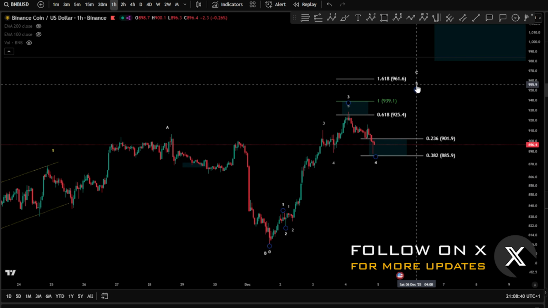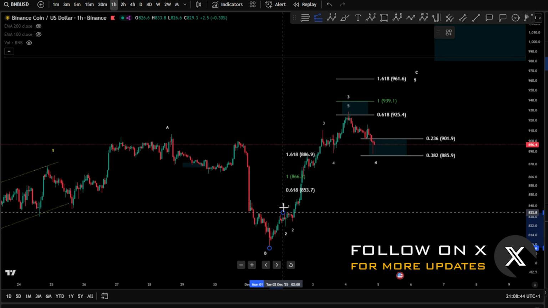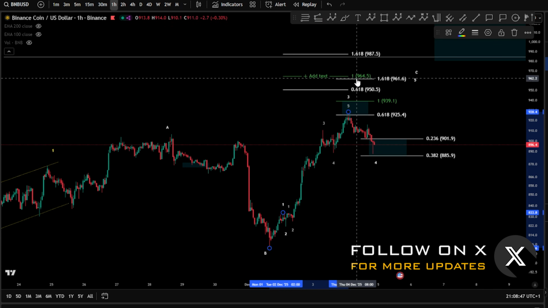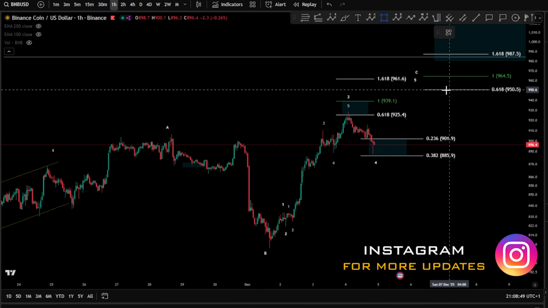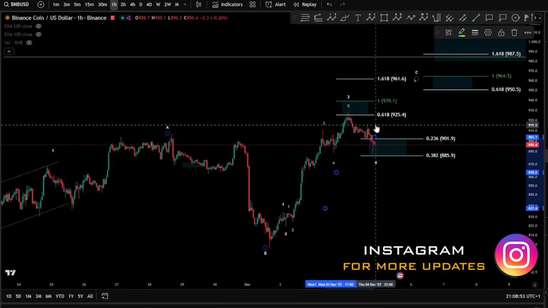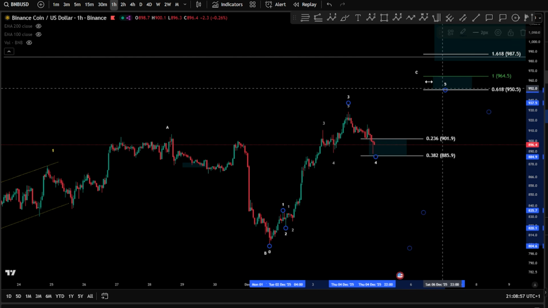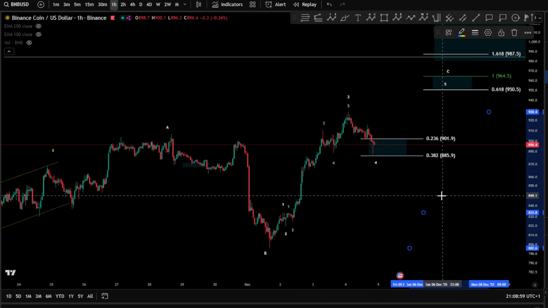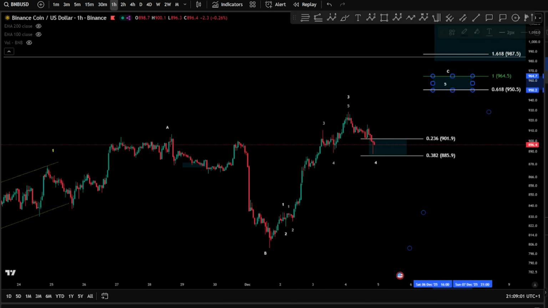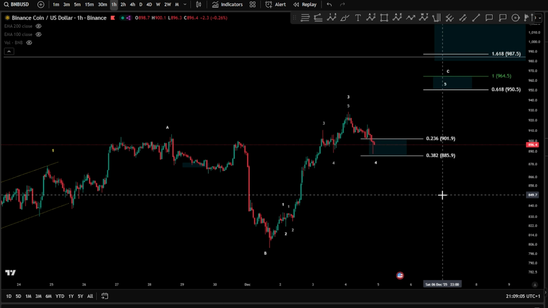The wave 5 has to unfold toward the upside here, showing the following targets as well, which might be in between this blue box over there. Currently, the target for this wave 5 is already hit, and we're looking for the next wave 5, which might be over there. Yep, so these are the possibilities for BNB and what we might expect.